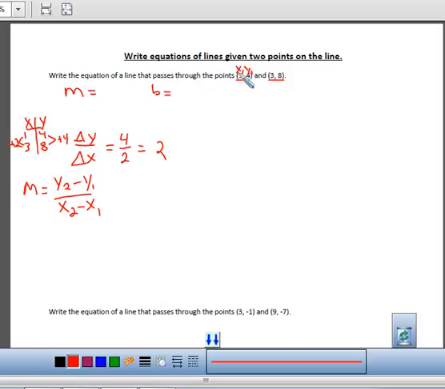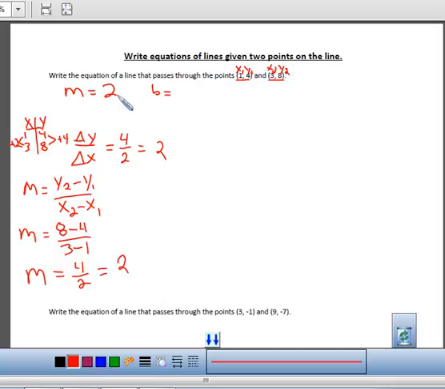So here's our first x and y value, here's our second x and y value. So if we plug them into this formula, we get m equals 8, that's our y2, minus 4, that's our y1, over 3 minus 1. And when you do that, you get 4 over 2, which is the same thing we got up here, or 2 over 1.